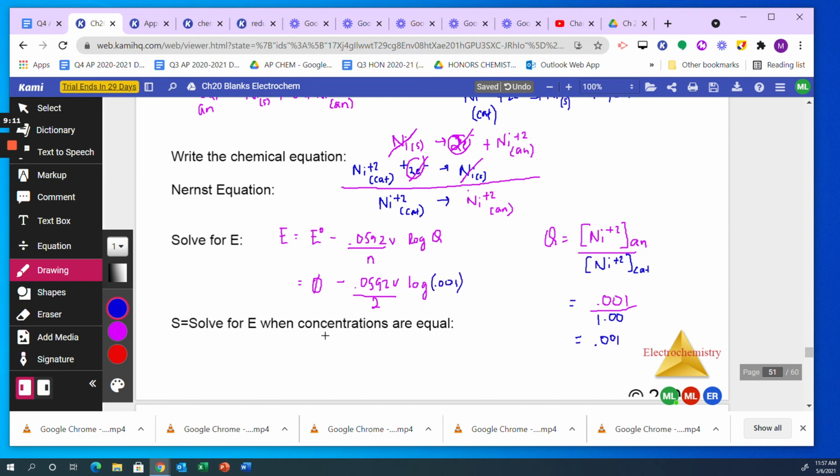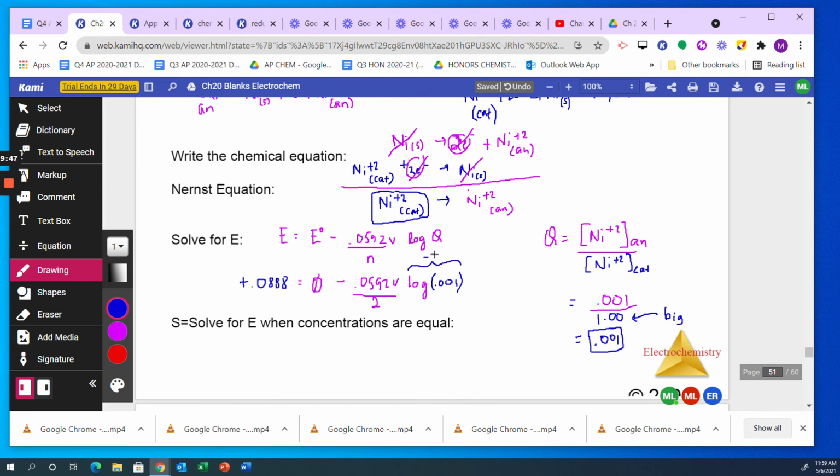Plug that in the calculator. Let me just pause this. Okay, when I calculated that, I got positive 0.0888. Numerically, you should be aware that if you have a lot of reactant, this value becomes a decimal, and if you take the logarithm of a decimal, you get a negative number.